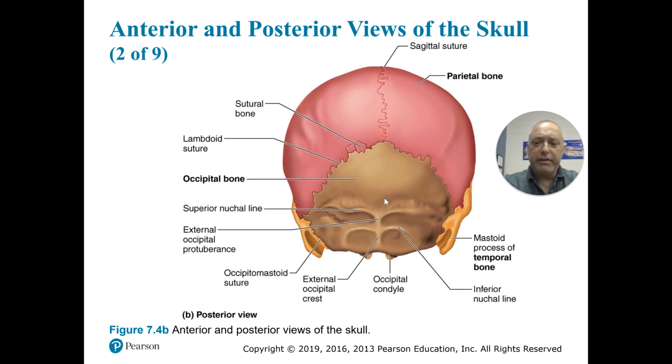So if we look posteriorly at the occipital bone, this is the lambdoid suture. It joins the occipital with the parietal bone. Now the parietal bone has a mid-sagittal suture. You can detect on this posterior view the temporal bone, which has the mastoid process.